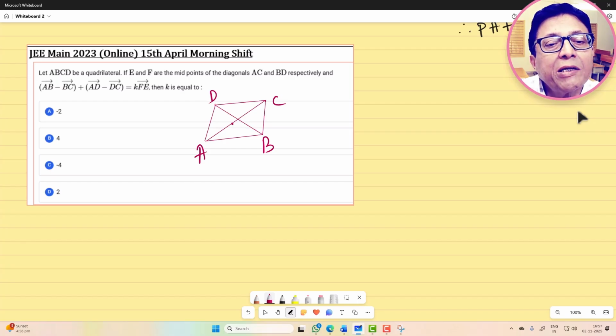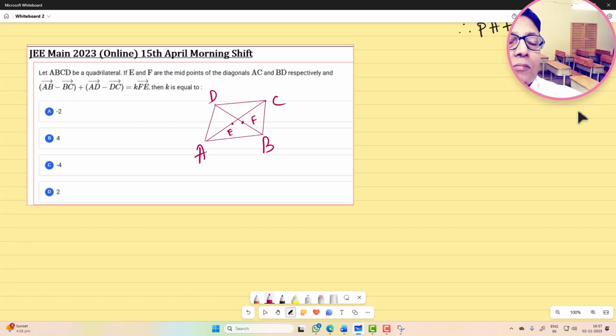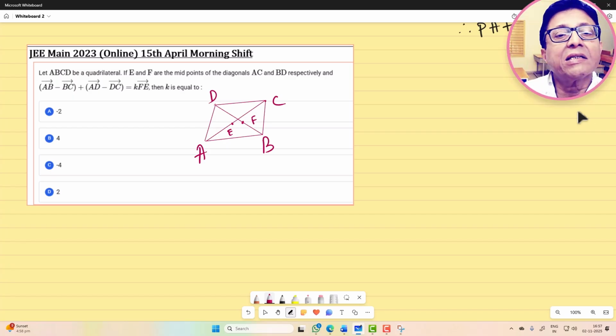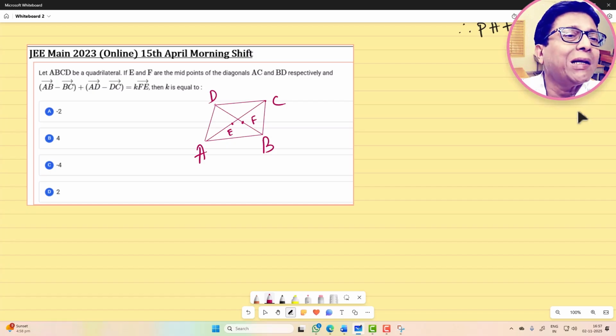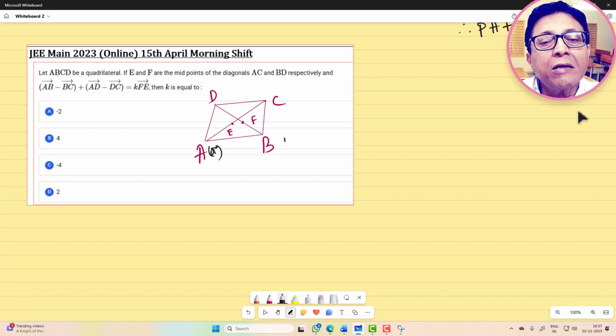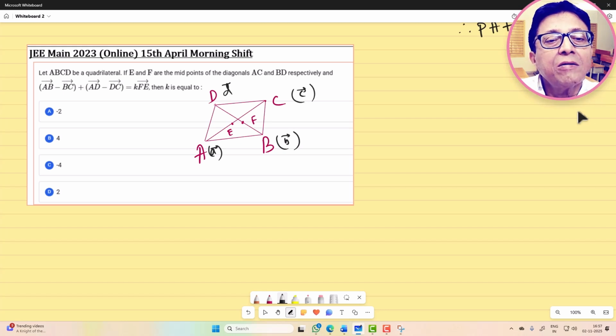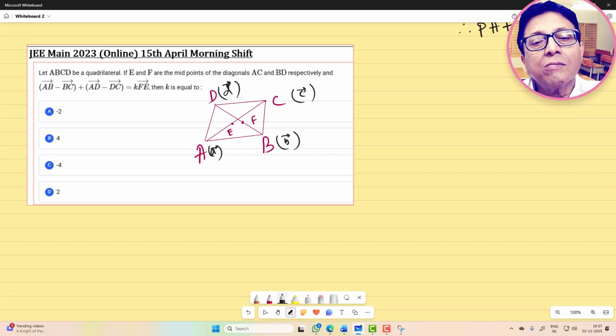So E is the midpoint of AC and F is the midpoint of BD, given, and AB minus BC is given. So we can find all the points' position vectors once we assume the position vectors of these points to be A, B, C and D. So let the position vectors of the 4 vertices be as shown here.